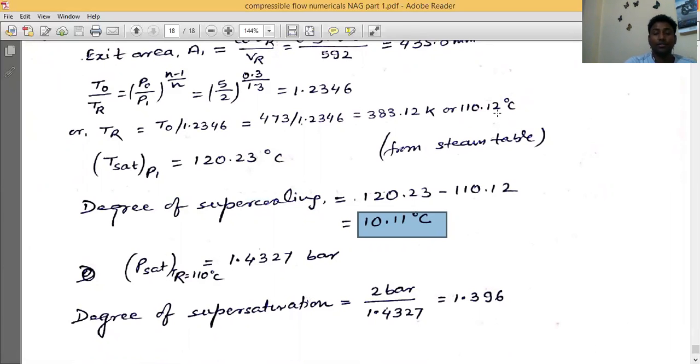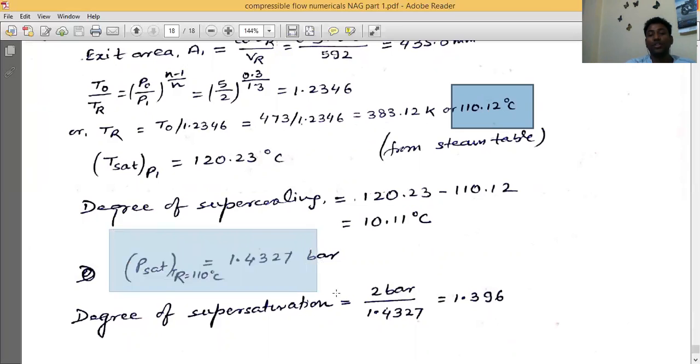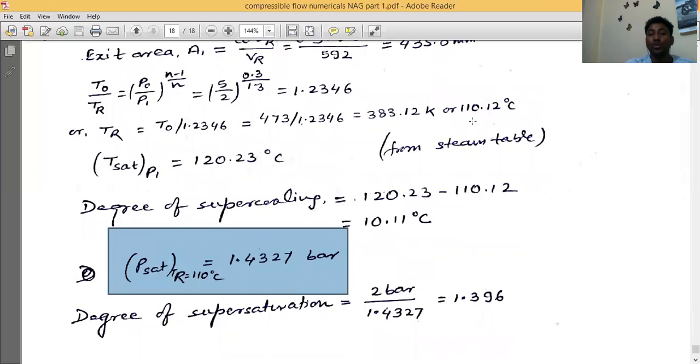Also, for the degree of supersaturation, at the exit, for the temperature that we got, we can determine the saturation pressure. From the steam table, using interpolation, we can get the saturation pressure corresponding to this temperature, which is at the exit of the nozzle for the supersaturation flow.